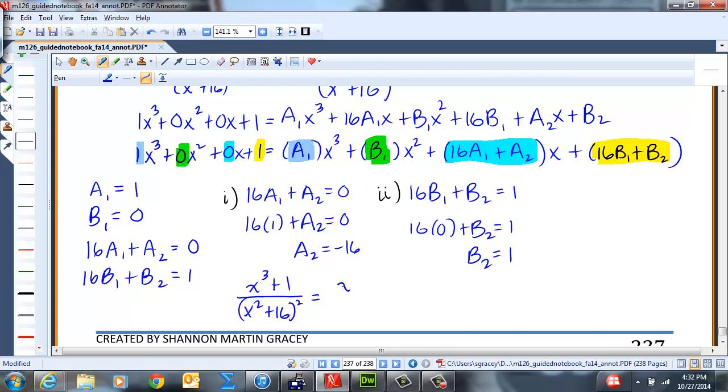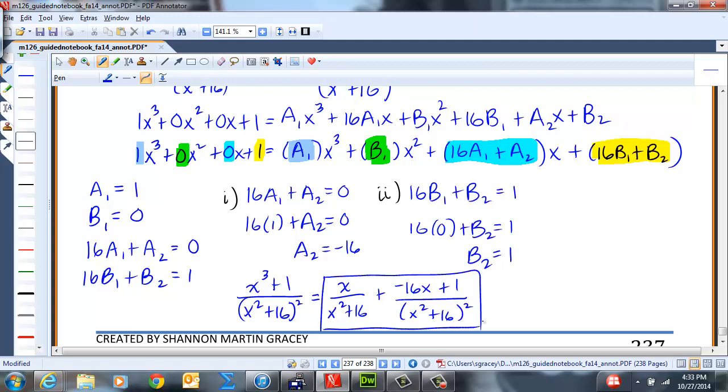So we'll just get x over x squared plus 16. And then a2 we said was negative 16, so we'll get negative 16x. b2 is 1, plus 1 over x squared plus 16, the quantity squared. Okay?